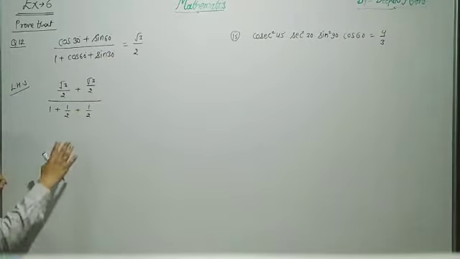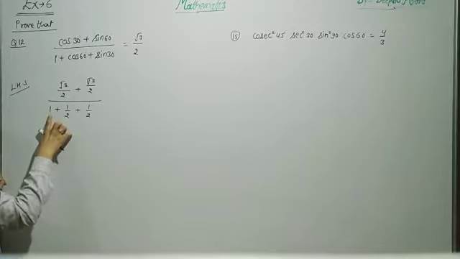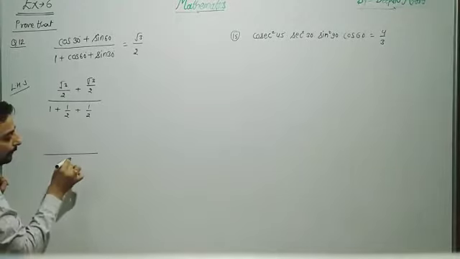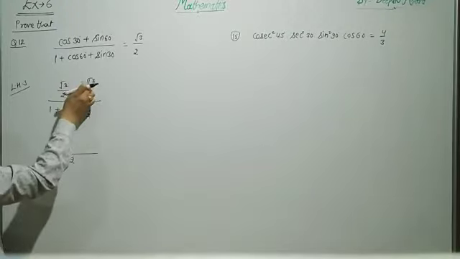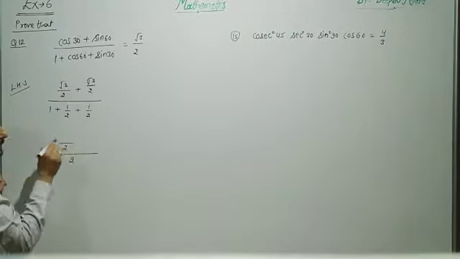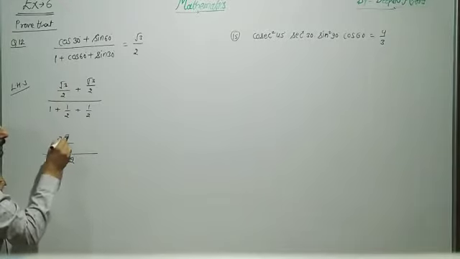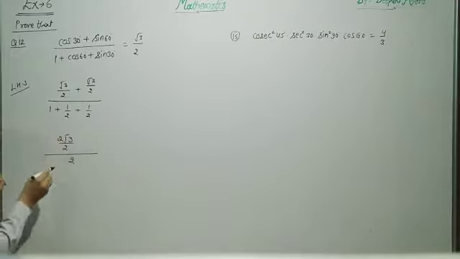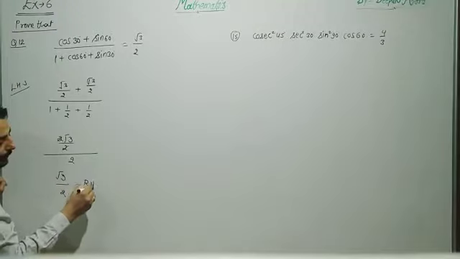Now half and half is 1, and 1 plus 1 is 2. The sum of the numerator is root 3 plus root 3, which is 2 times root 3. Then cancel 2 and 2, and root 3 by 2 is the value of the RHS.